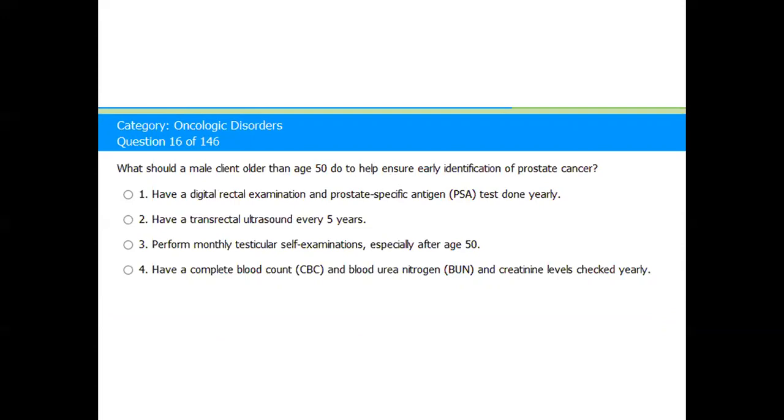Prostate cancer, or prostatic carcinoma, occurs after a certain age. In the case of men, it needs to be screened. The early stage of prostate cancer may not cause any signs and symptoms, right? So we need to figure it out.